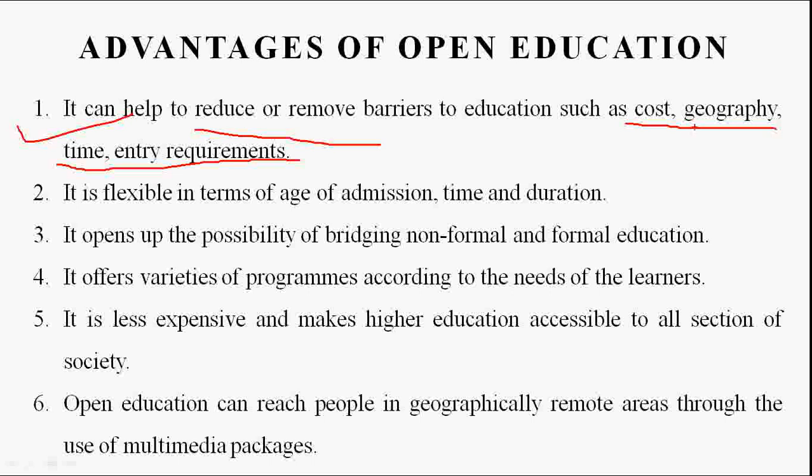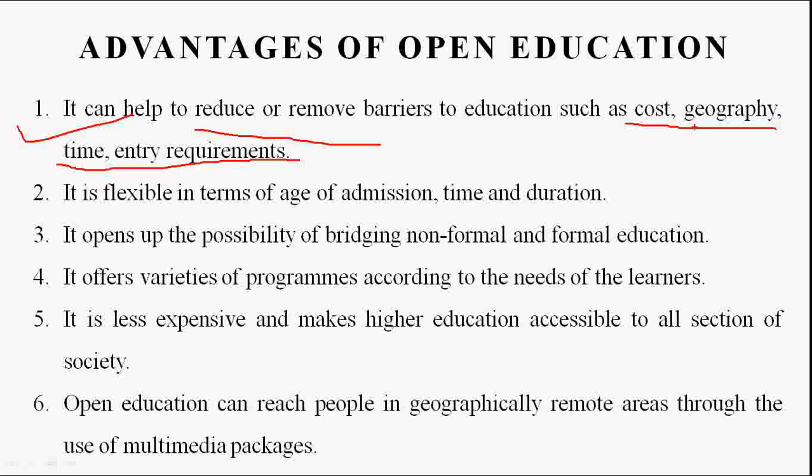So in geography, when we talk about the advantages of open education, open education removes the barrier related to geographical location. Okay, so this point indicates that in open education every person can join the course without facing or thinking about geographical location.